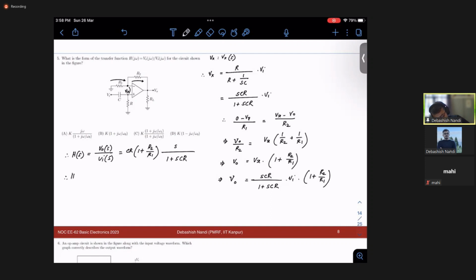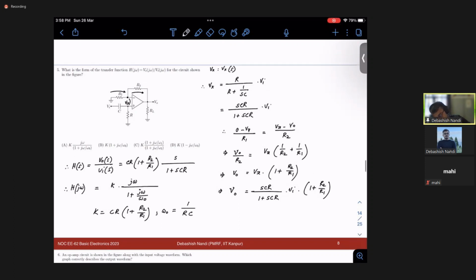So if you do H of j omega, it is in the form K j omega over 1 plus j omega by omega 0, right? Here your K is nothing but CR1 (1 plus R2 by R1), and your omega naught is nothing but 1 over RC. Okay, so this form is correct.